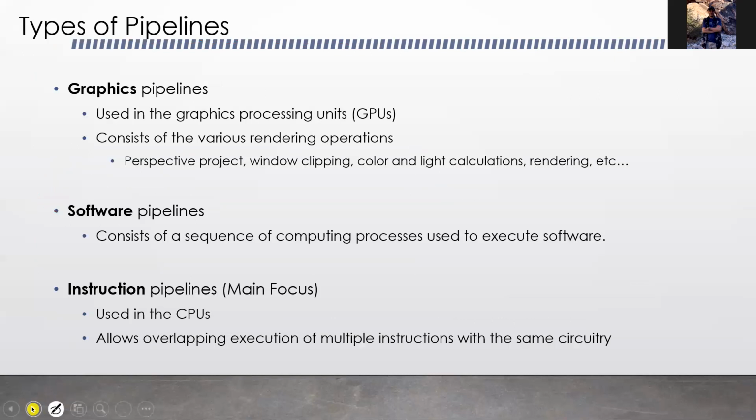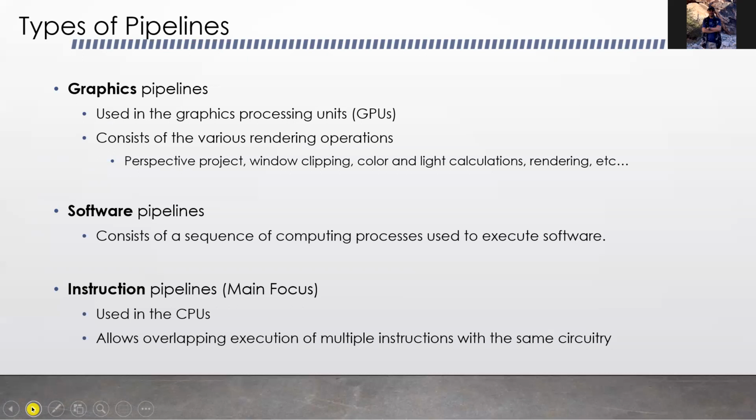Okay. Types of pipelining are based on the application that you have. For example, for graphics processing cards, GPUs, you have many processes that you can do on an image or a video.